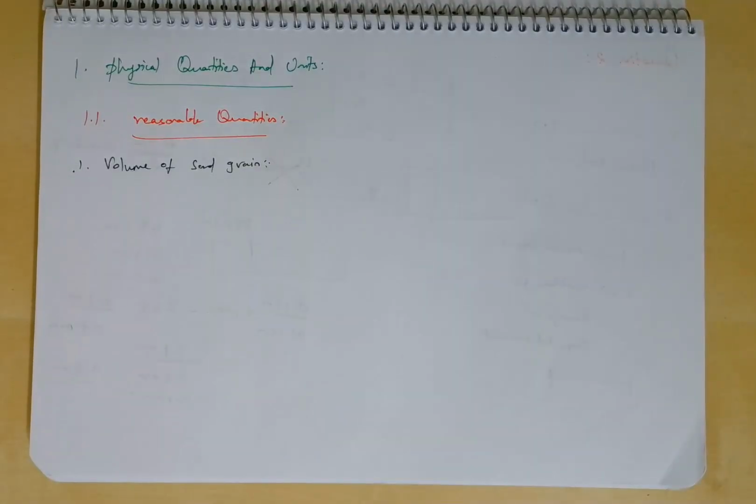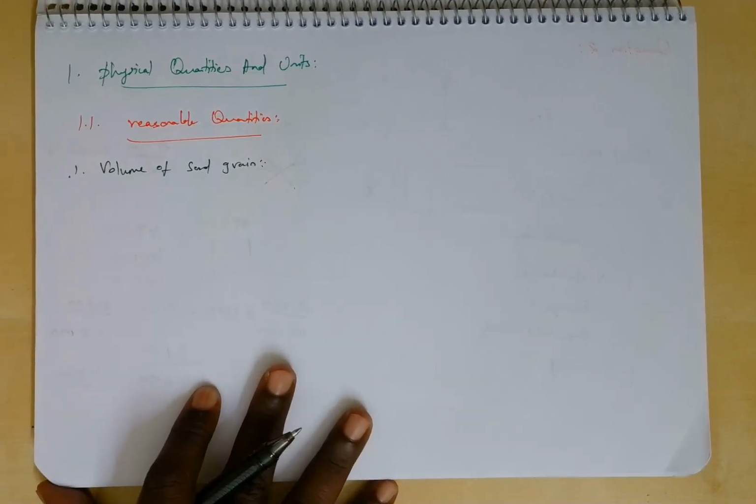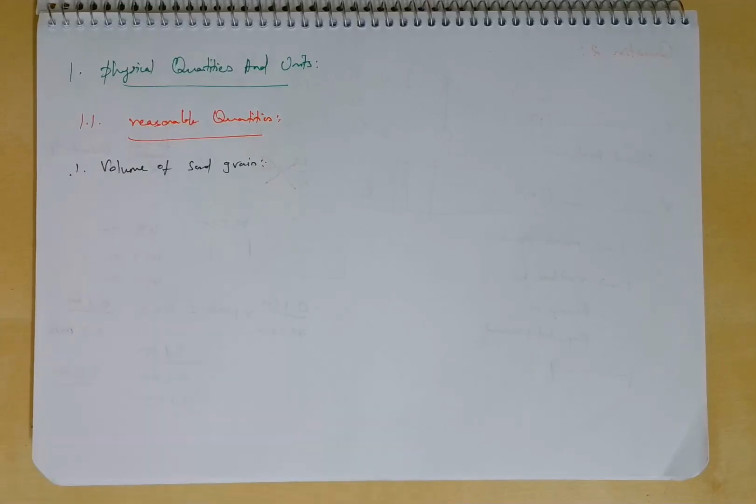How do you find the volume of a single sand grain? We just need a volume. Why do we want to measure mass? If we can find a mass, also if we know the density, but density is not given, right?